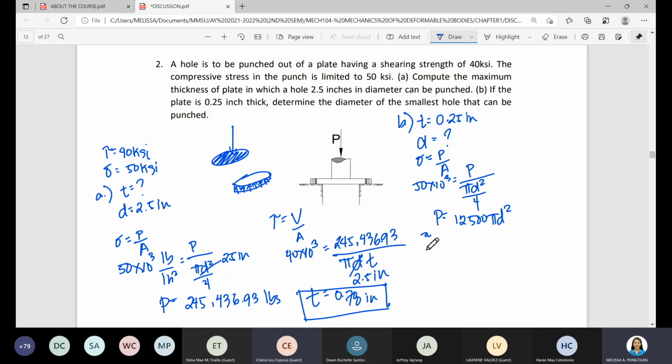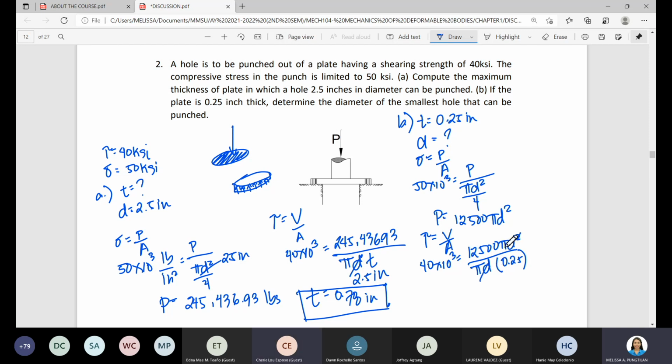And then for our shearing stress is equal to V all over A. So we have 40 times 10 raised to 3. Yung ating V is just the same with P. Therefore, 12,500 pi d squared, the resisting area is pi dt. We have pi d, thickness is 0.25. So, cancel out.